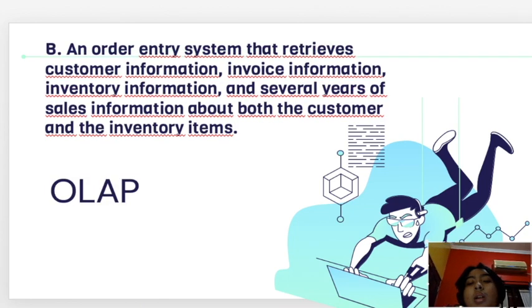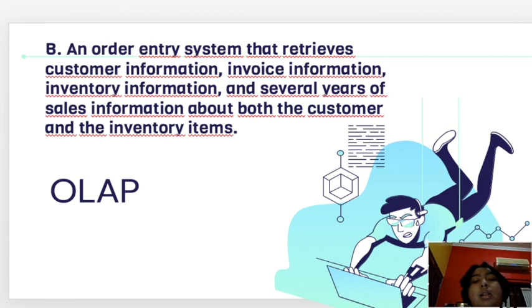Next is an order entry system that retrieves customer information, invoice information, inventory information, and several years of sales information about both the customer and the inventory items. From the get-go it is similar to the first one, but the difference here is several years. That's the keyword for me to decide whether an activity is OLAP or OLTP.